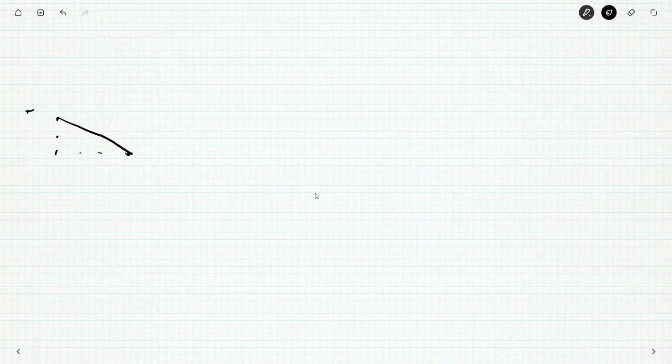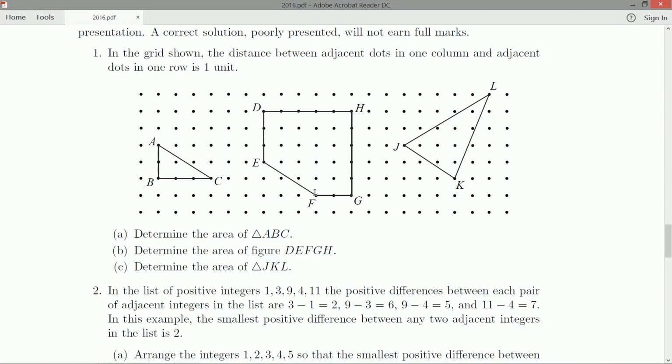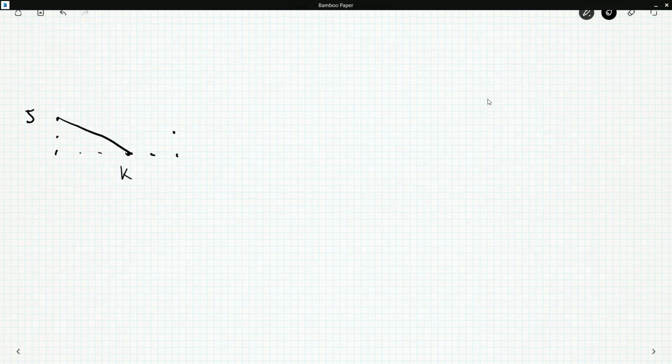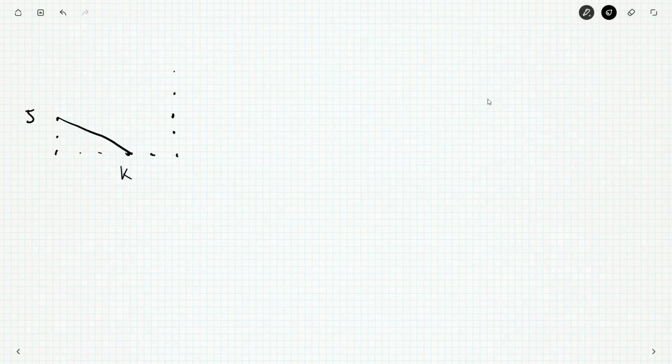So I know it goes J down to K. I think it's also over 2 and then up by 5 or something like that. Over 2 and then up 1, 2, 3, 4, 5. So up 1, 2, 3, 4, 5 to L. I'm just adding these all in, because we're going to need them in just a second.